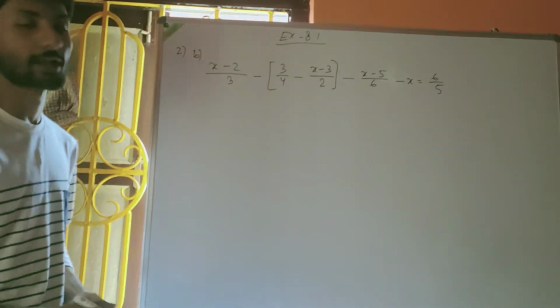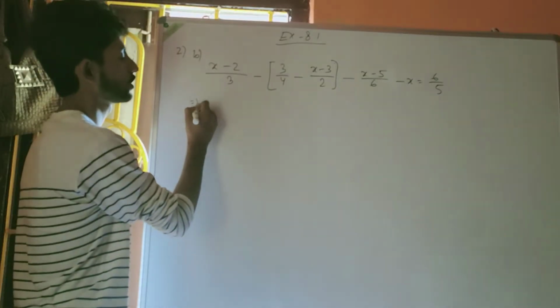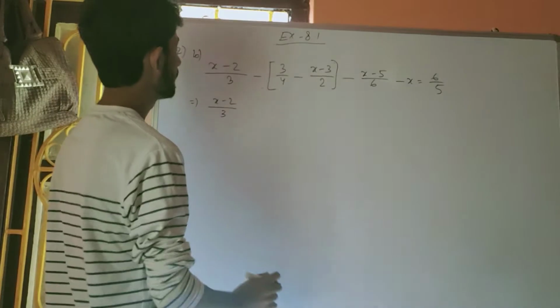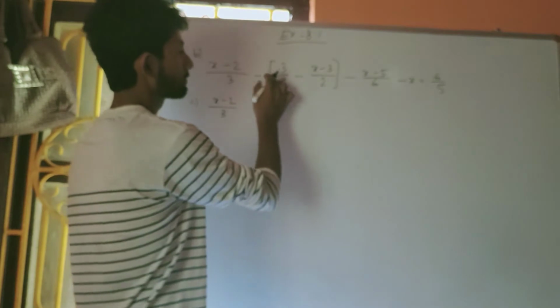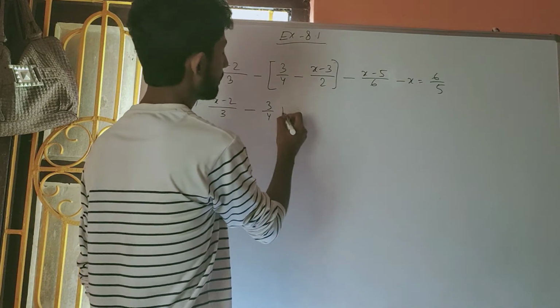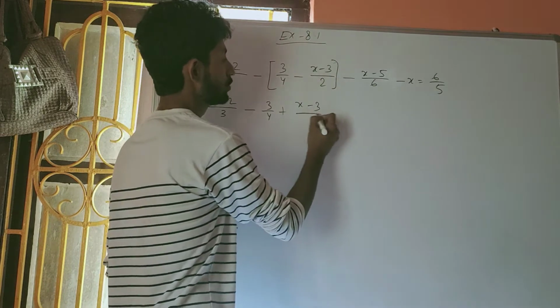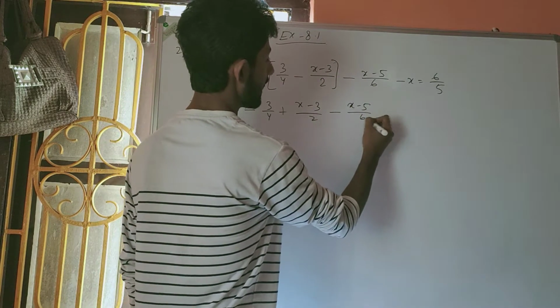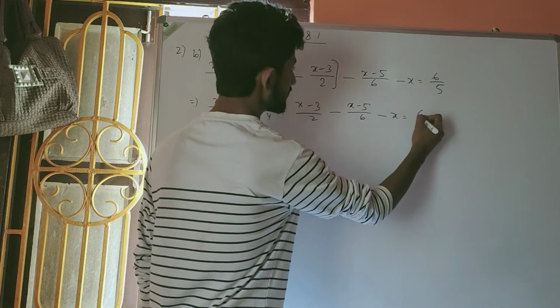If you see, it is not that tough. First we have to remove the brackets. So x minus 2 by 3 minus 3 by 4 plus x minus 3 by 2 minus x minus 5 by 6 and minus x equals 6 by 5.